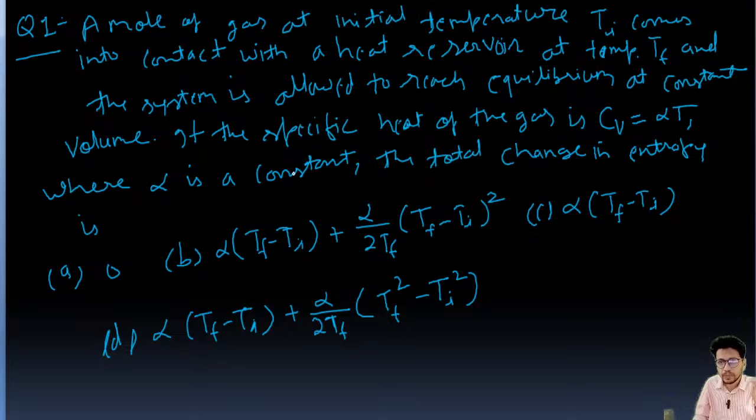If the specific heat of the gas Cv equal to alpha T, where alpha is a constant, the total change in entropy, delta S, you need to find out. Well, I'm going to solve it now.